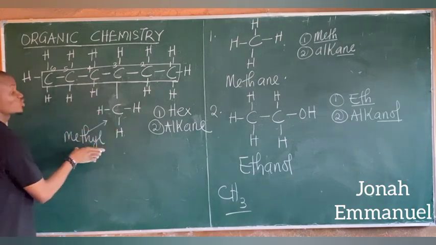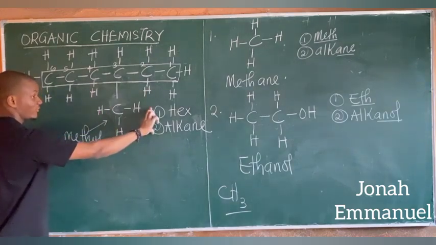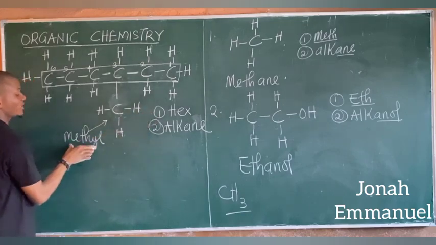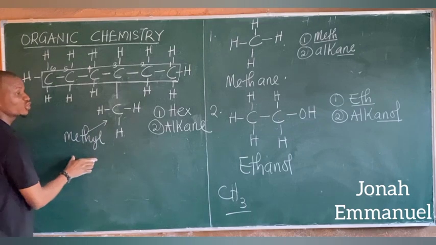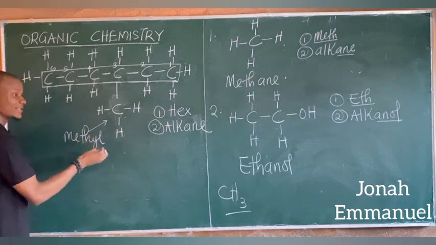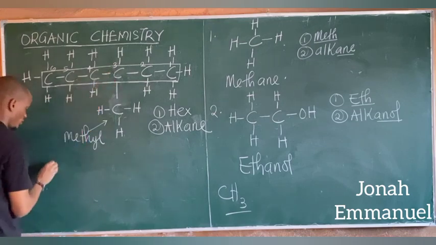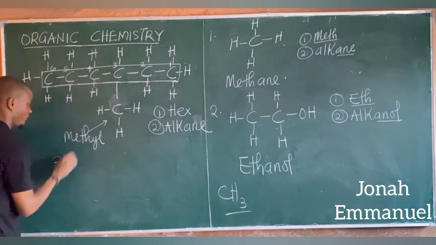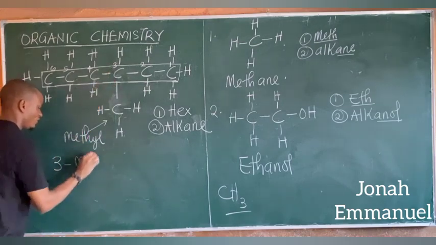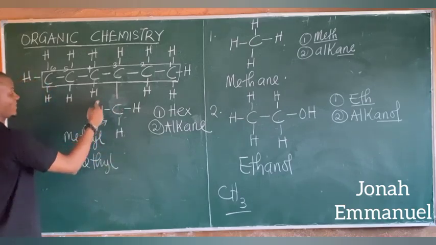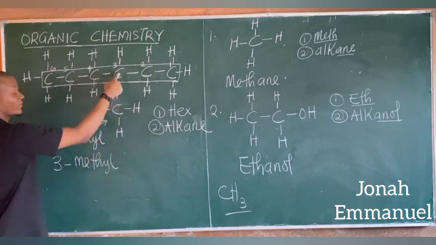I'll name the substituent before the major compound. Please don't forget me: substituent before the major compound. But for this substituent, I'll have to show the position of the substituent using numbers. The substituent is attached to carbon 3, so it becomes 3-methyl. That means the methyl substituent is at carbon 3.